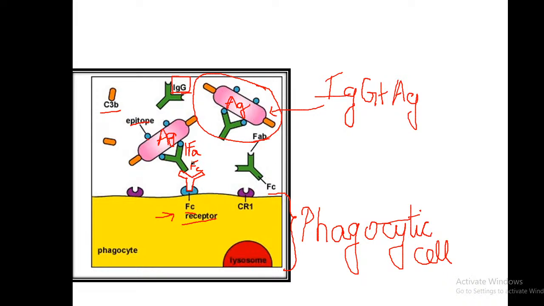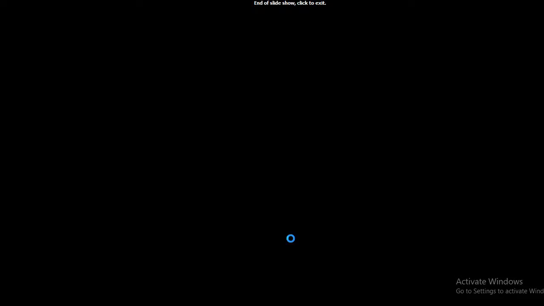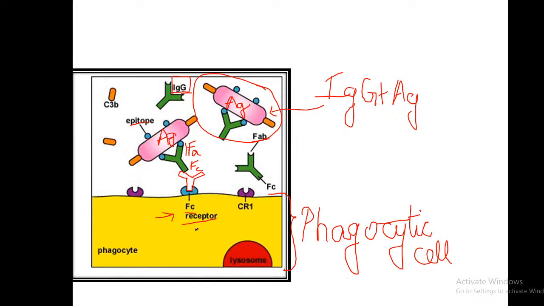So this IgG will come and bind on this FC receptor and it will enhance the antigen antibody interaction, and by the time it enters the cell, this complex will be directed towards the lysosome.